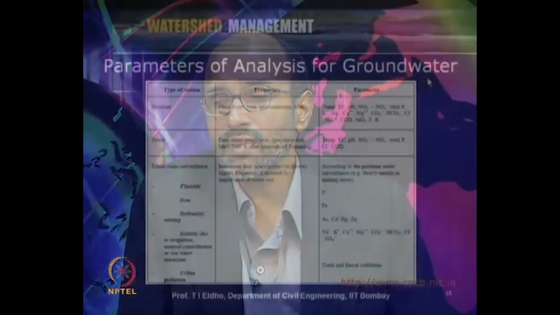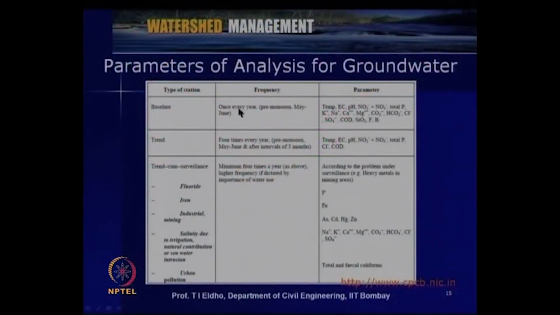For example, for drinking water purposes, the number of parameters will be more and the frequency should be more, but for irrigation or recreational purposes, the frequency can be less. Now, for groundwater used for various purposes, the type of stations can be baseline or trend cum surveillance.